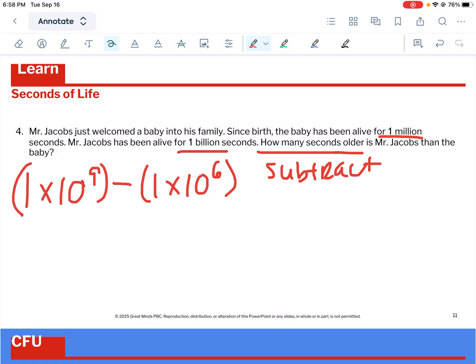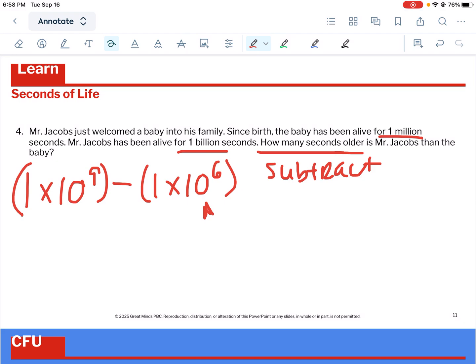Another way that you can do this is to manipulate that 1 times 10 to the 6 and force it into being probably 0.001 times 10 to the 9. And then perform subtraction, because then that'll turn your exponent into a 9.